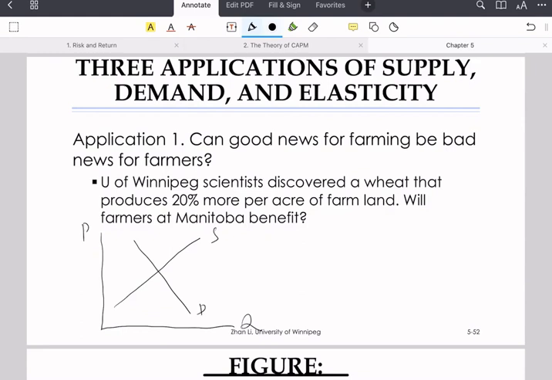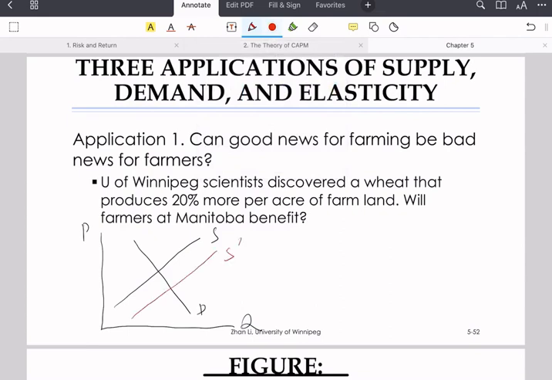Now first, which curve should we shift? Well, you can see that here we are having better technology. And we know that this should shift our supply curve. To be more specific, supply should increase because of better technology. So we should shift the supply curve to the right.